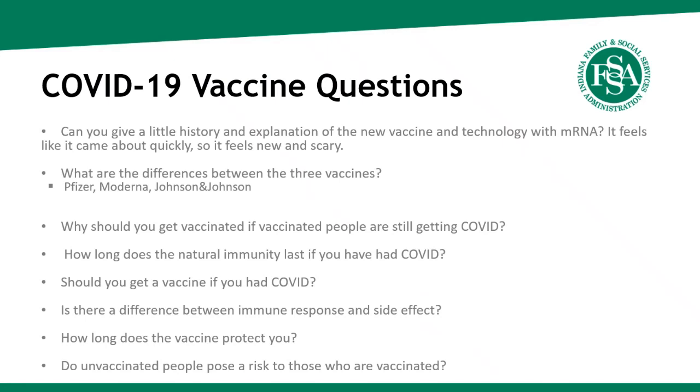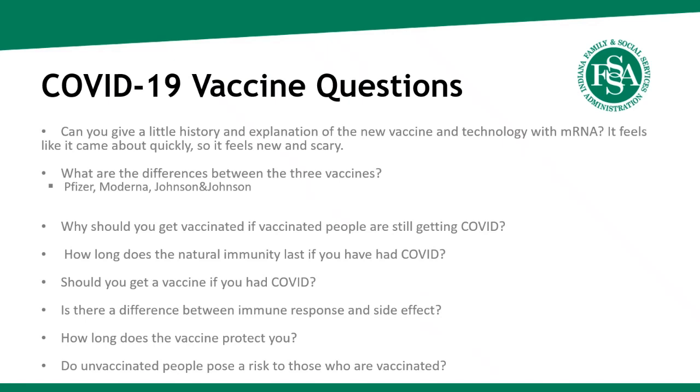So why should you get vaccinated if vaccinated people are still getting COVID? I hope the slide that I showed a few slides ago, showing the difference between vaccinated and unvaccinated people, spoke to this. Essentially, we know that yes, you can still get COVID if you're vaccinated, but your risk of getting COVID is so much less, tremendously less, compared to if you're unvaccinated.